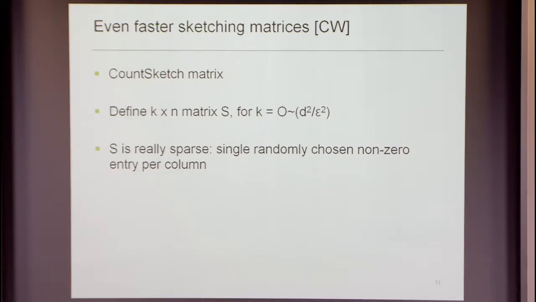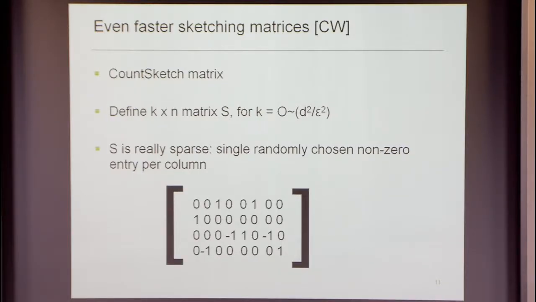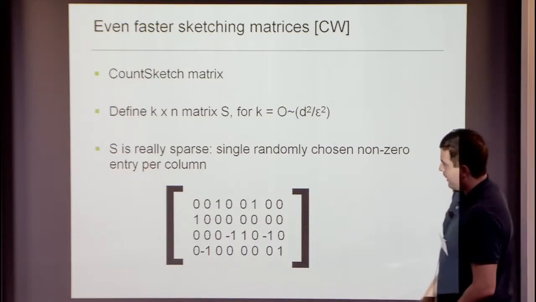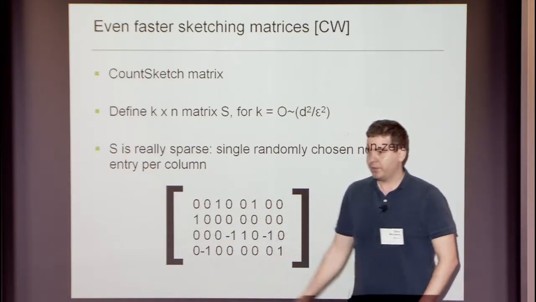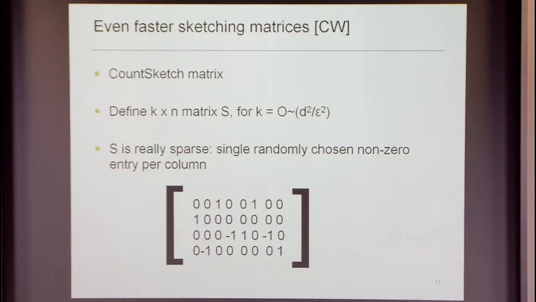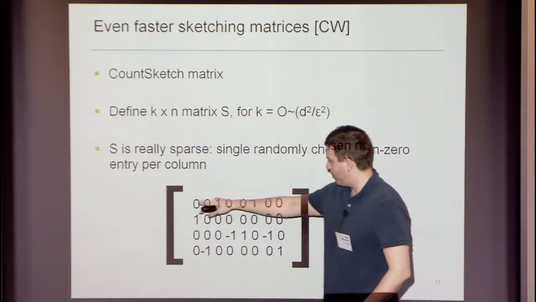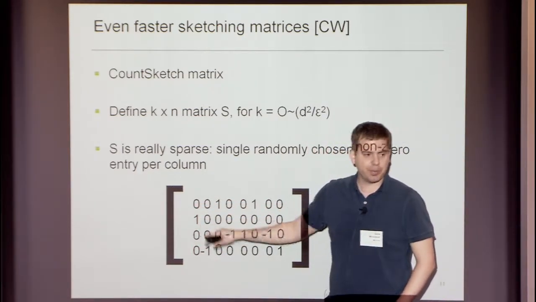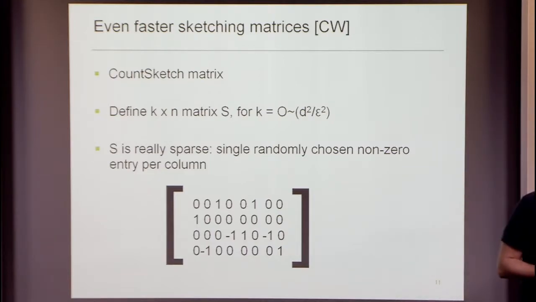But the nice thing about S is that it's really sparse. In each column, I independently choose the location of a single non-zero element, uniformly at random among the rows. And at that location, I put plus or minus 1 with equal probability. That's the whole matrix, actually.